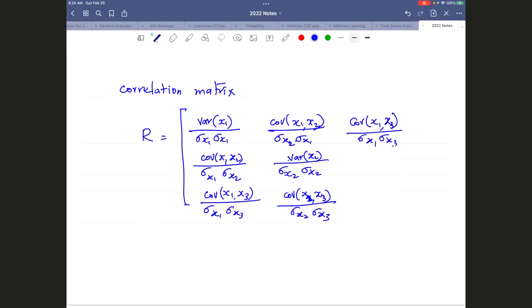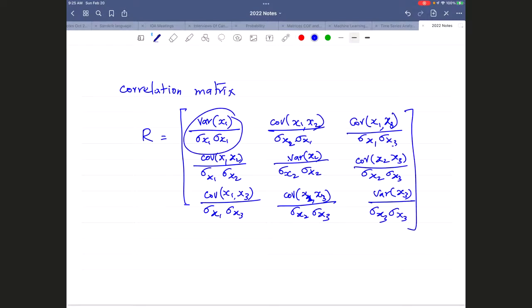And it is very easy to think. Just put the corresponding numbers. That's all, really, right? And that is covariance of x2, x3 by sigma x2, sigma x3. Excellent. The last one is the variance of x3 by sigma x3, sigma x3. But if you look at it, this is 1, right?